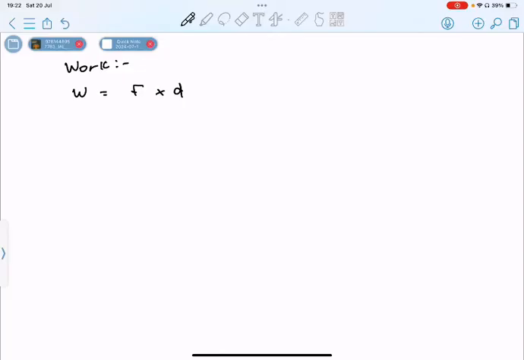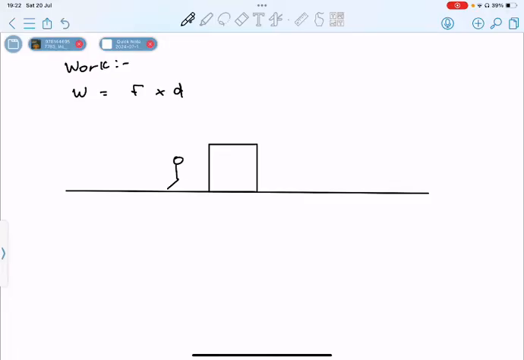If you have a box that is on the ground and a person is pushing that box, and they exert a force on the box with a force of 10 newtons.